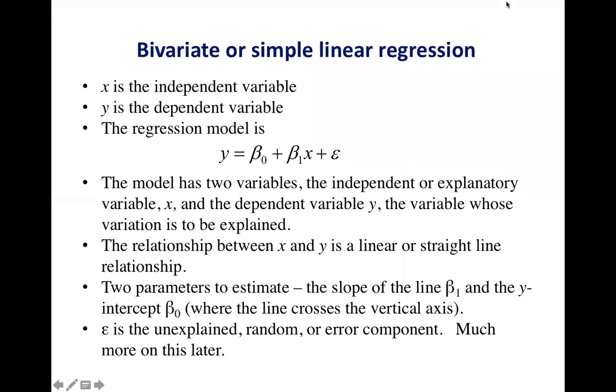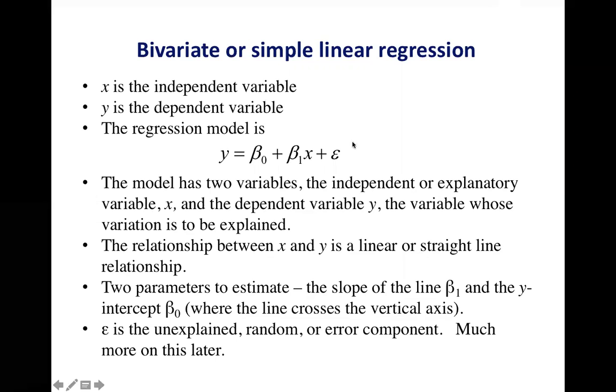In a simple linear regression model, there is only one feature that contributes towards the dependent variable. In a bivariate regression model, there are two features that contribute towards the regression model.